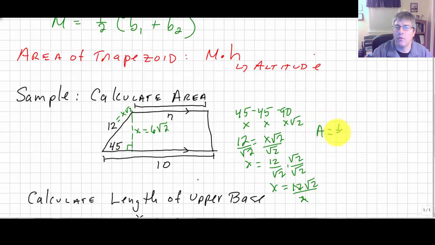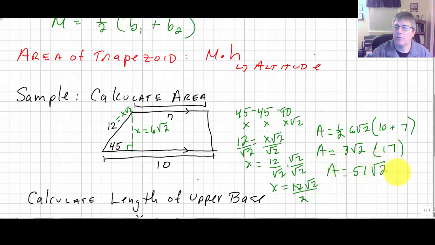Area equals 1/2 height, or 6 radical 2, times (base 1 plus base 2). So our area equals 3 square root of 2 times 17, and 17 times 3 is 51. So our area is 51 times the square root of 2 units squared.